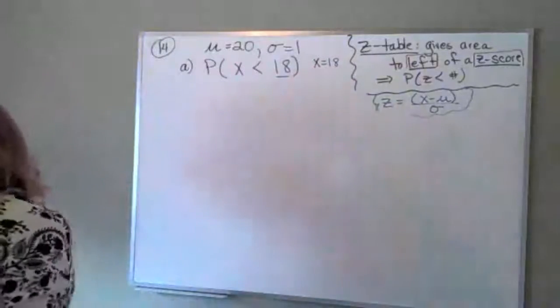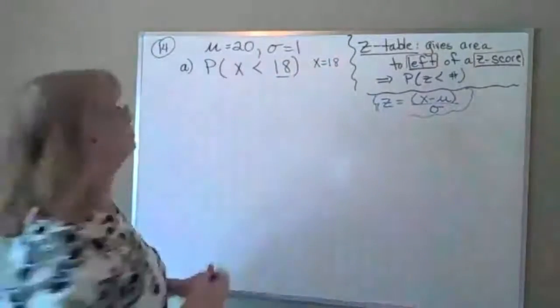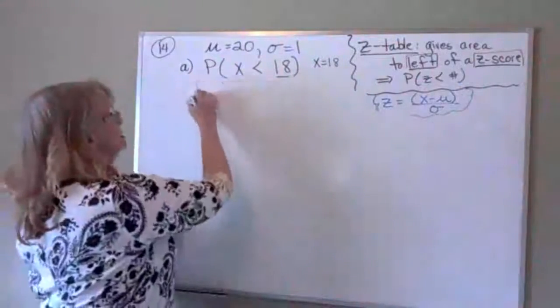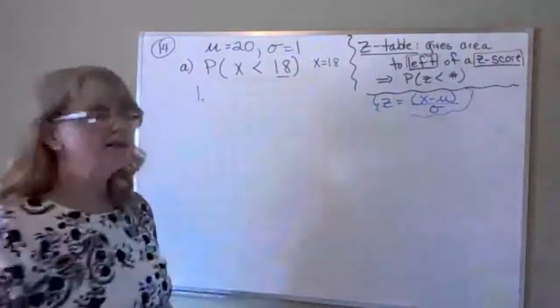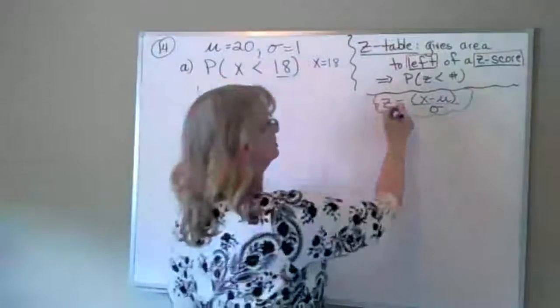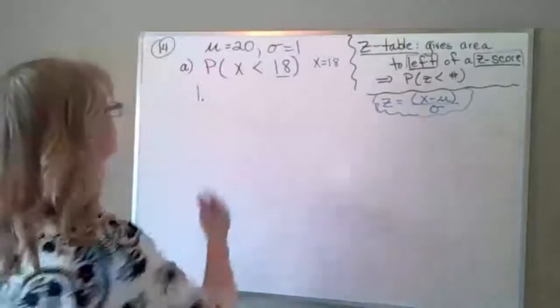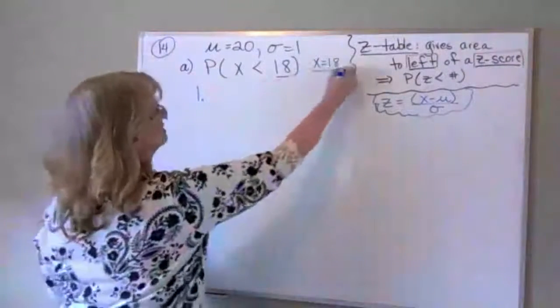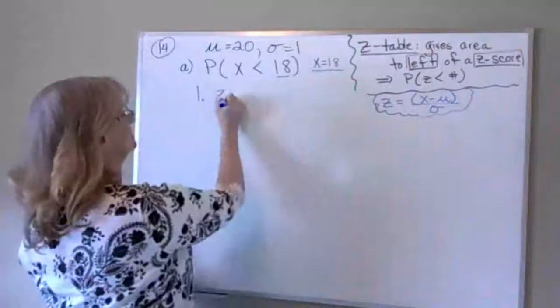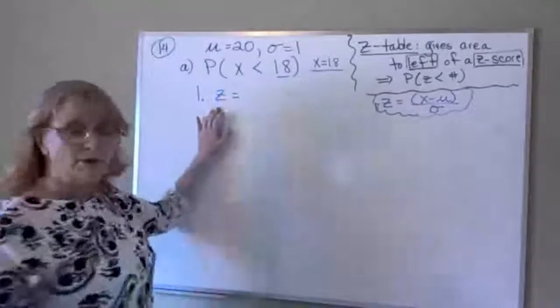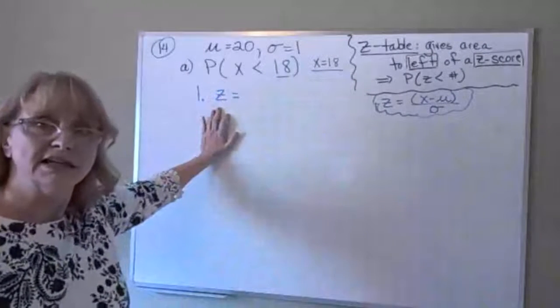So when I do step 1, let's do step 1. Step 1 is to find the z-score. This is your formula for finding the z-score. So for X equals 18, I'm going to find the z-score. I'm going to label that because I'm looking for a z.